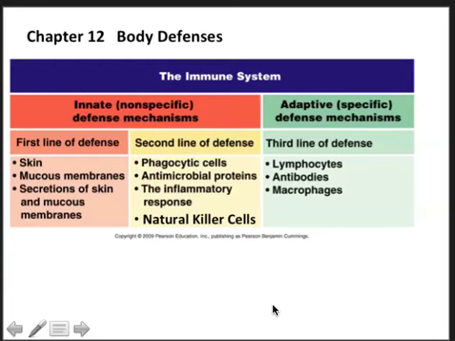The same method of defense is used in every case. Examples of your nonspecific defenses include your skin, your mucous membranes, and your skin secretions, such as the mucus you produce, the sweat you generate, even your tears and your urine, which are examples of secretions that keep us relatively pathogen free.